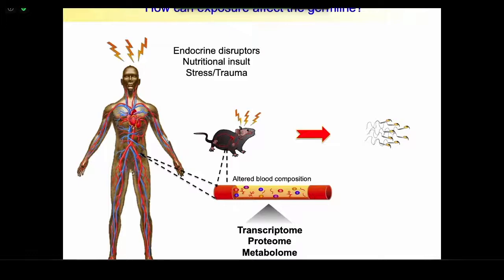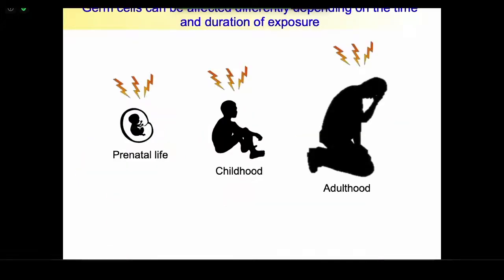But it's quite complicated because there is not one kind of exposure. Exposure can happen at different times during development, prenatal life, childhood or adulthood. Exposure can be short, can be long. So if it's a long exposure, for instance, it will hit different developmental stages of germ cells.